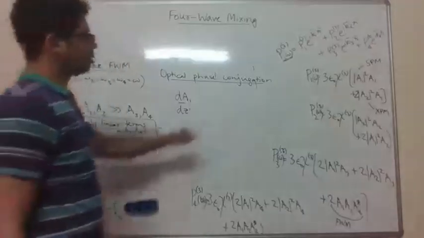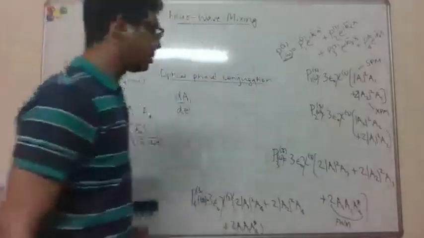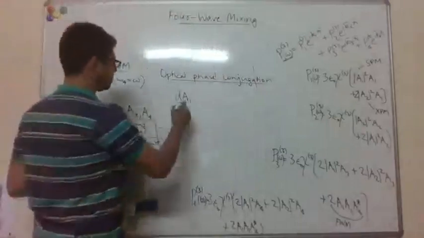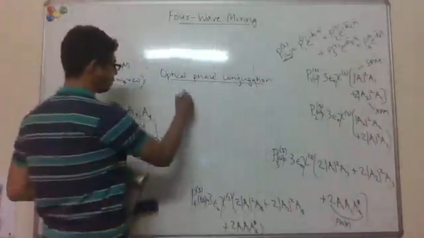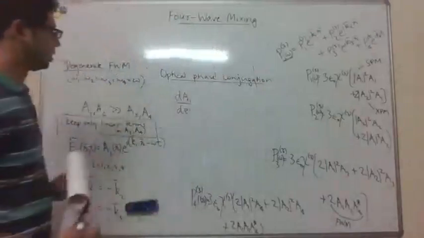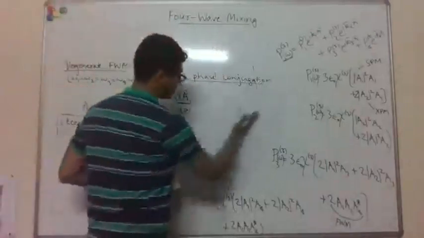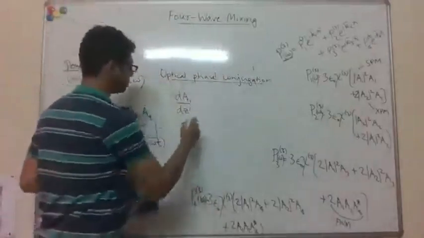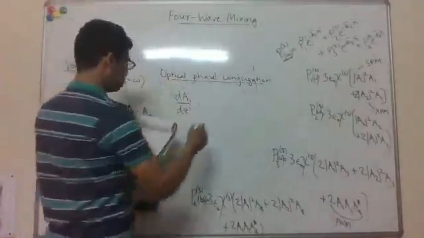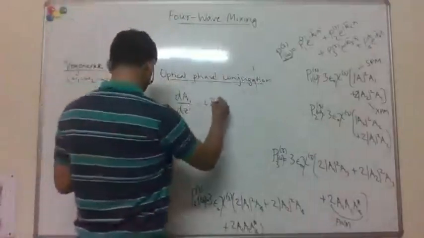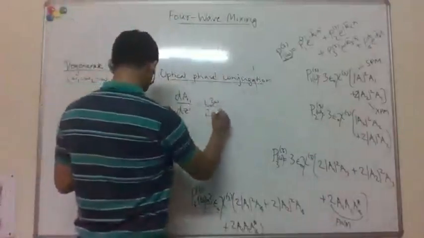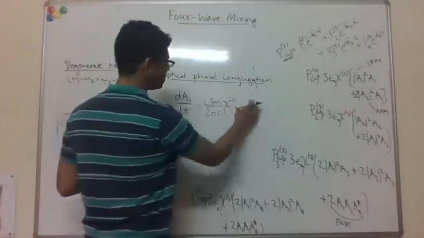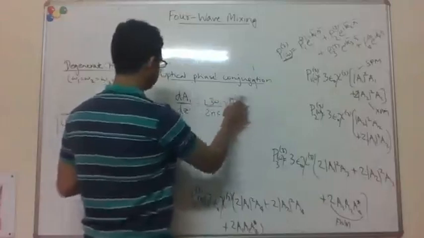So now, once we have the nonlinear polarizations, we can go on to the propagation equations. For example, the propagation equation for pump 1. Remember that was going in some direction which we call z prime. On the right hand side, I have some constant times the nonlinear polarization.